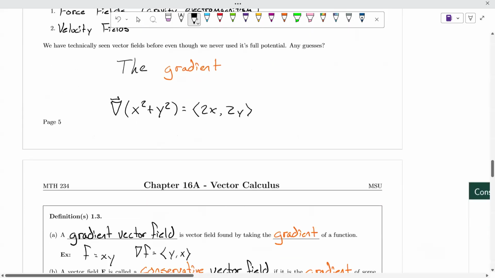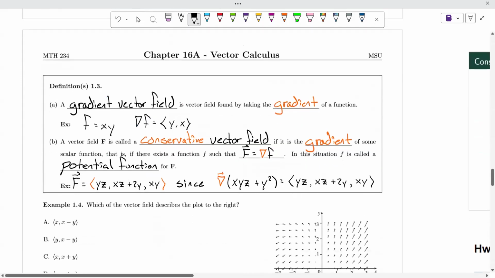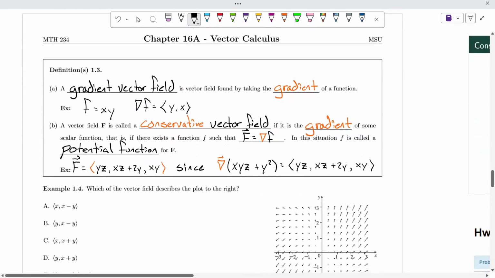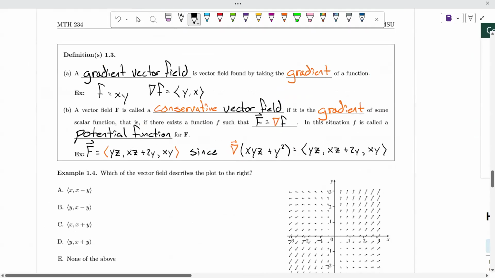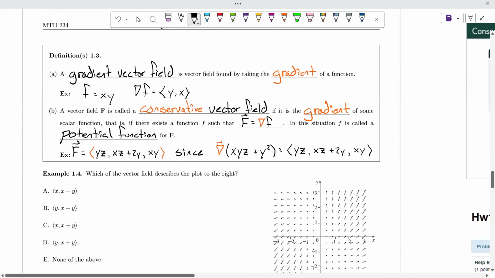And as it turns out, that's a rather special type of field called the gradient vector field. But more importantly, we call a field conservative if it is the result of some gradient. So if there is a scalar function and we take its gradient, and that'll give us the field that we're looking at, we'll say that that thing is conservative.